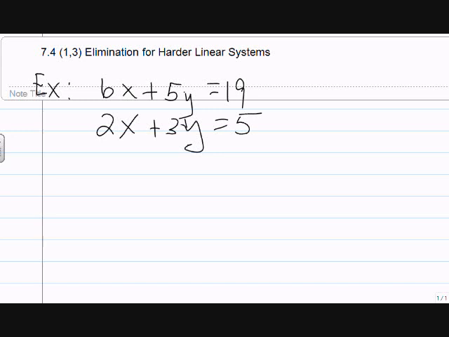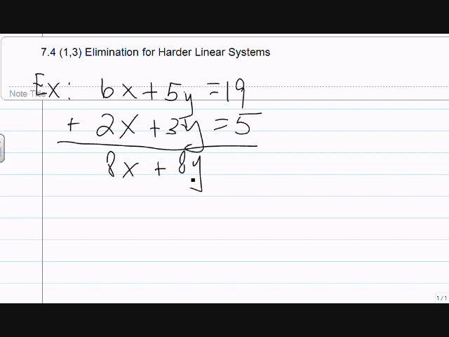Shh. Okay. So if I just used my solving with elimination method that we did for both Monday's and Friday's assignment, so if I just added these two equations together, I'd get 8x plus 8y.